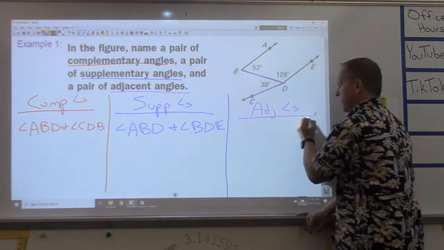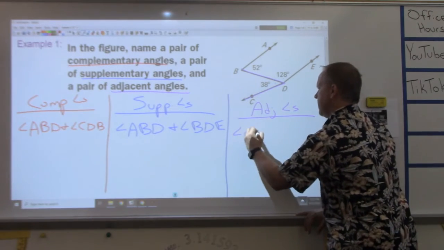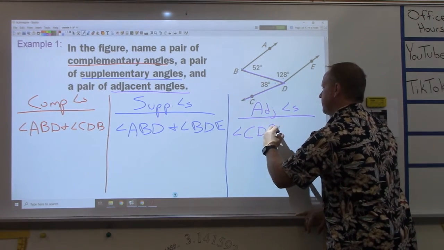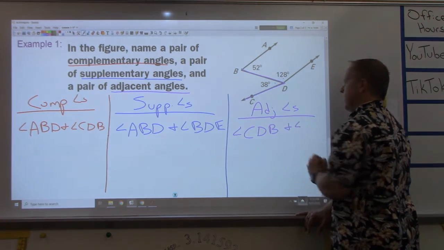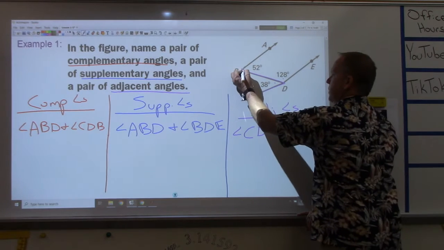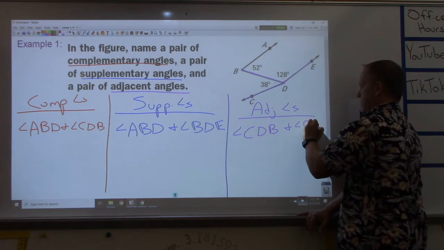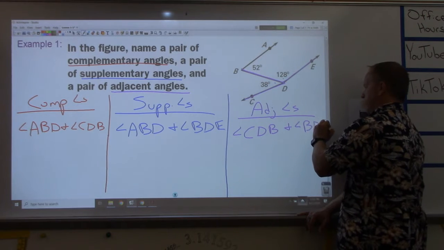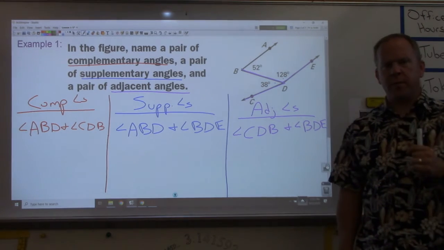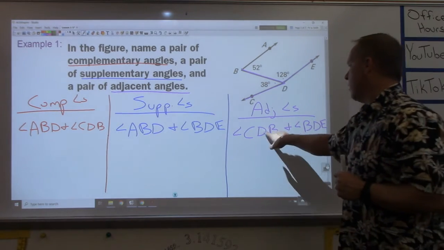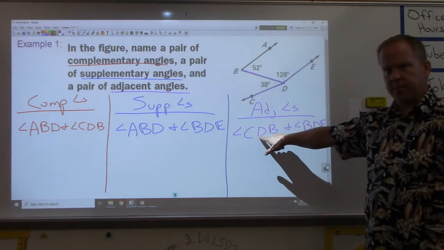That is angle CDB and angle BDE. Now, here's the nice part when you're naming adjacent angles. First off, the letter in the middle should be exactly the same.